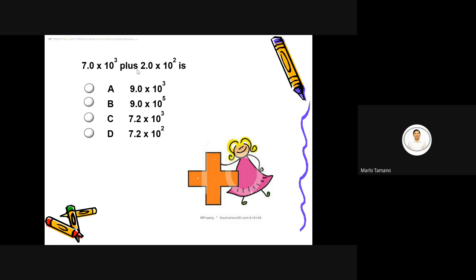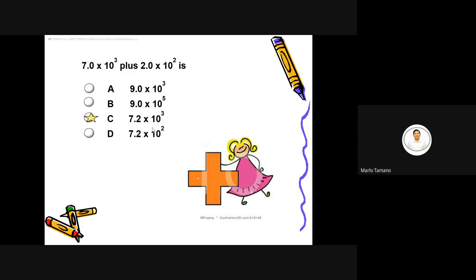It becomes 0.2. Then 0.2 plus 7.0. What is the answer? 7.2, C. Correct: 7.2 times 10 cubed. It gets a star.